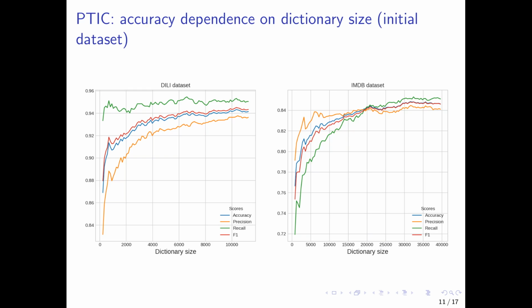We decided to check how performance of PTIC depends on the dictionary size. For the DILI dataset, the recall is changing only slightly with the dictionary size, which means we do not need many words to classify something as DILI. This is in contrast to the IMDB dataset.